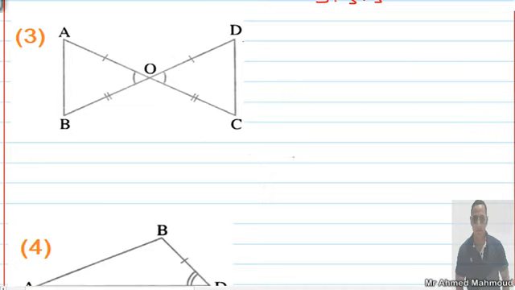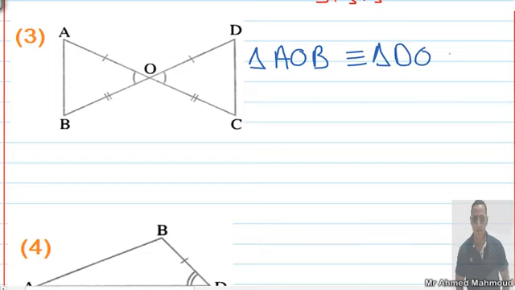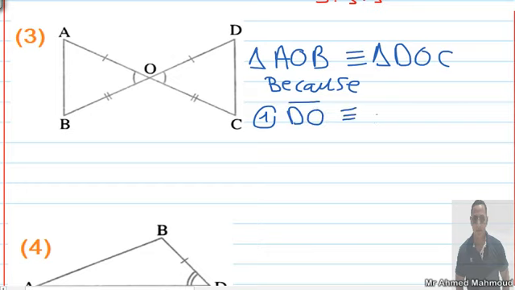Then we can say that triangle AOB is congruent to triangle DOC because number one, DO congruent to AO.